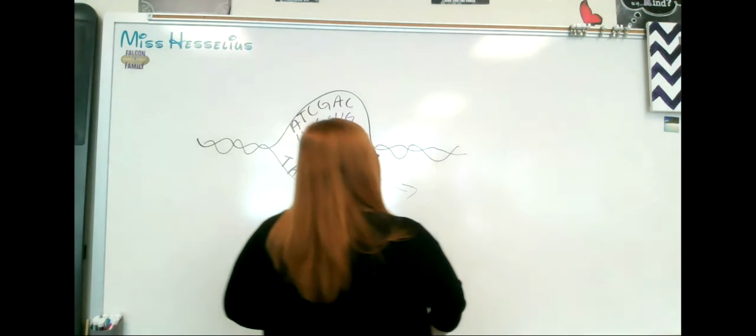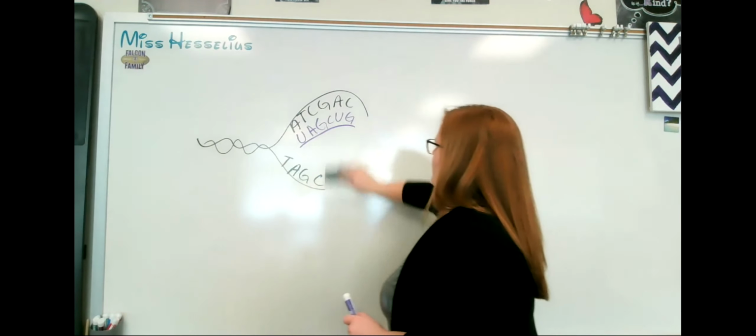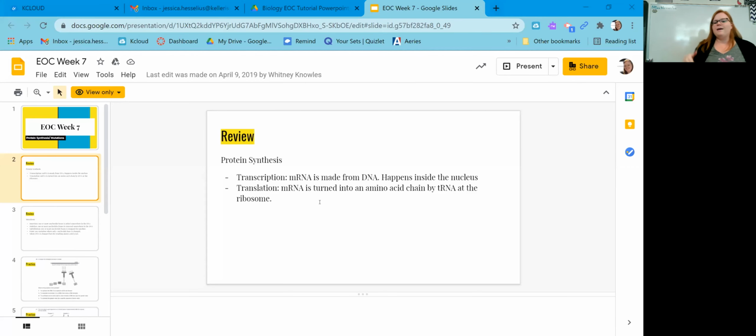So after transcription, the next step is translation. Translation, so our mRNA strand that we just created in transcription was made in the nucleus, transcribed in the nucleus by the enzyme RNA polymerase.